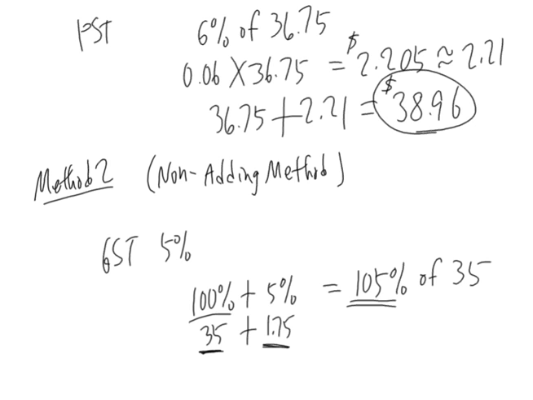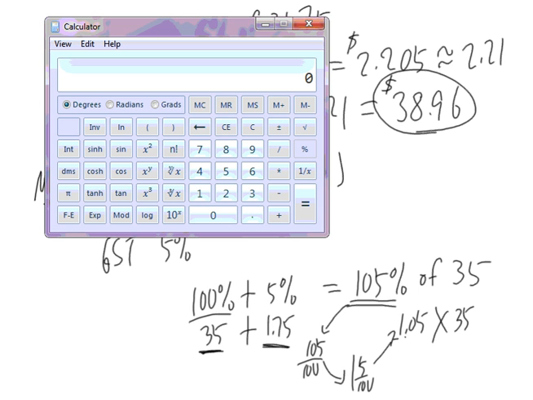So let's see what that looks like. 105% is 105 hundredths, which is 1 and 5 hundredths, which is 1.05. And we know when we multiply something by 1, we get itself. So when you multiply it by 1.05, you're really getting the cost of the backpack and the tax combined. If we look at that, take our calculator. 105% times the cost of the backpack, you get $36.75.